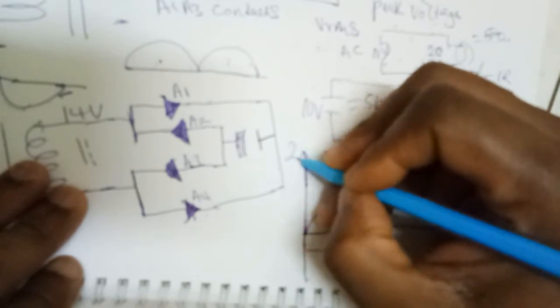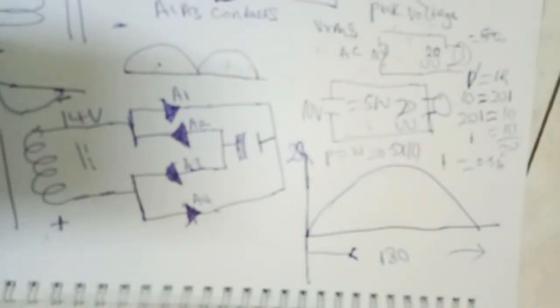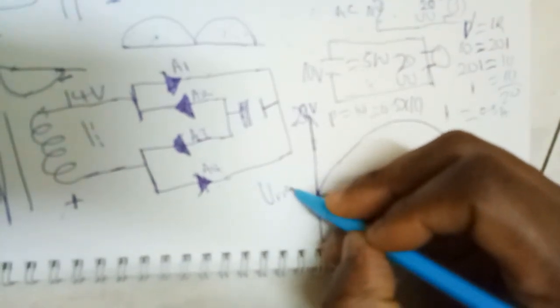Then the peak voltage, let's say the peak voltage is 20 volts.